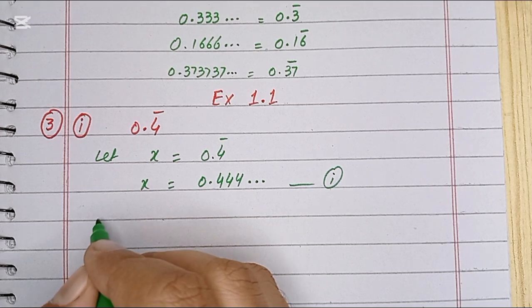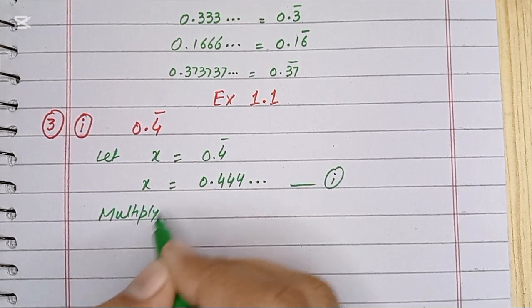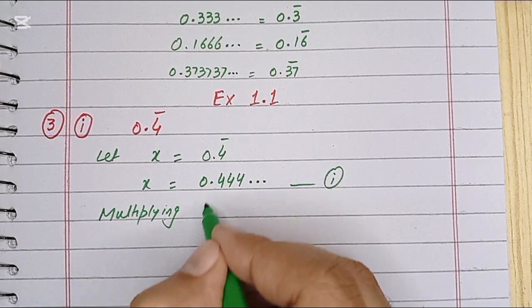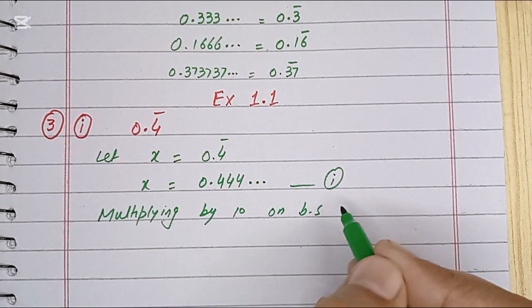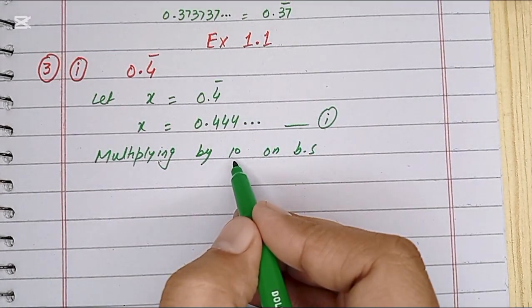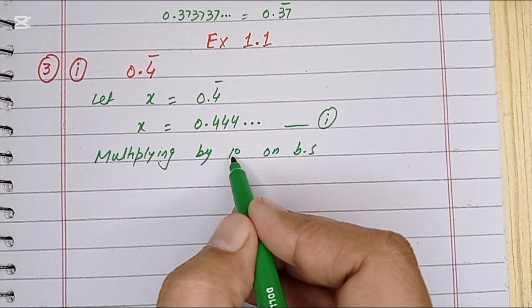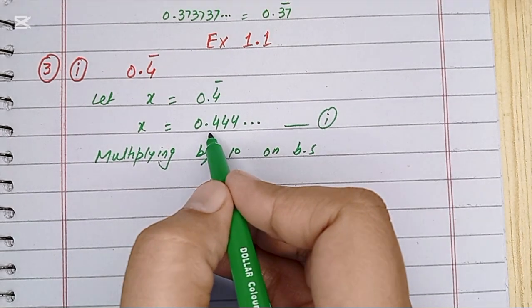Now we will multiply it by 10 on both sides. The reason for multiplying by 10 is that the power of 10 indicates the number of digits which are repeating.